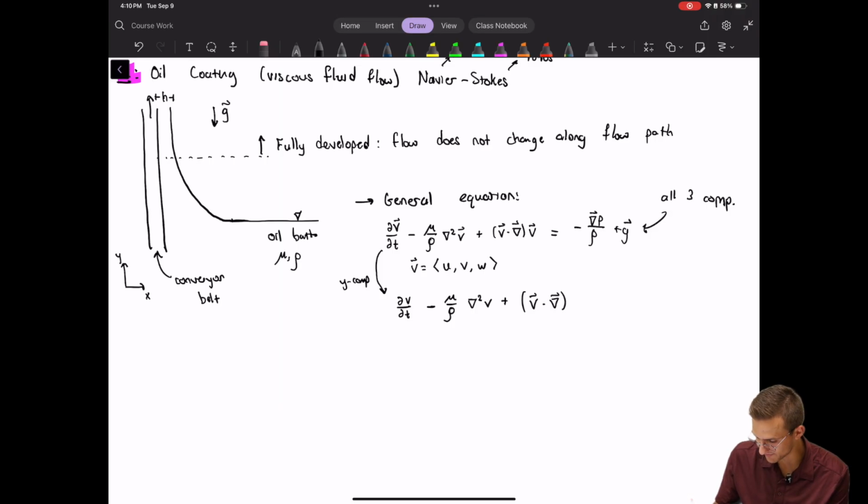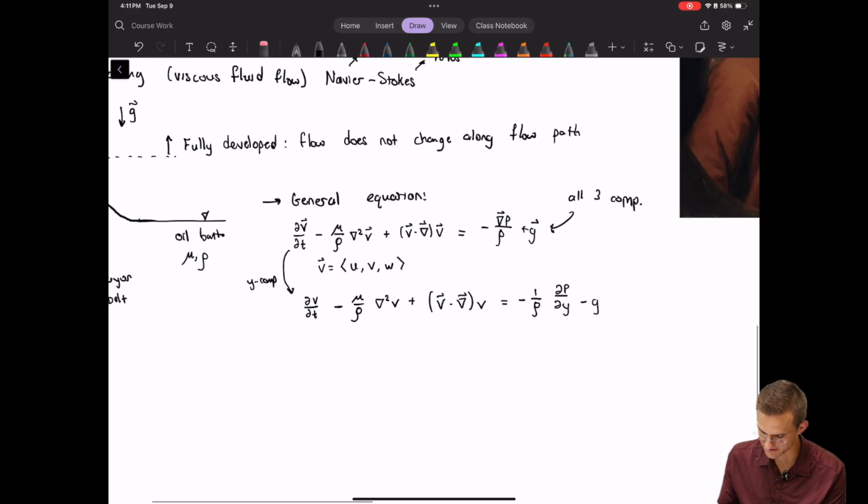We still have V dot the gradient of V here on the left, because we haven't dealt with those operators yet. And we're going to just lift the y component of the pressure gradient, because we're only concerned with the y component. So we have negative 1 over rho times the partial derivative of the pressure with respect to y, minus g, because we're in that y component.